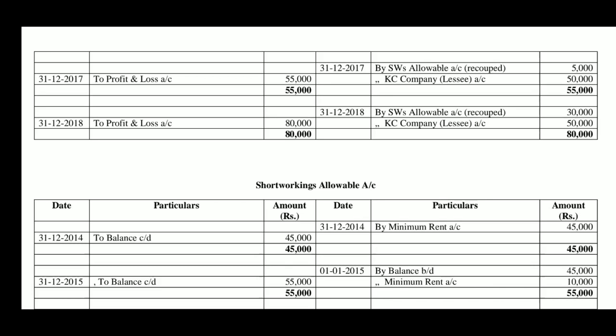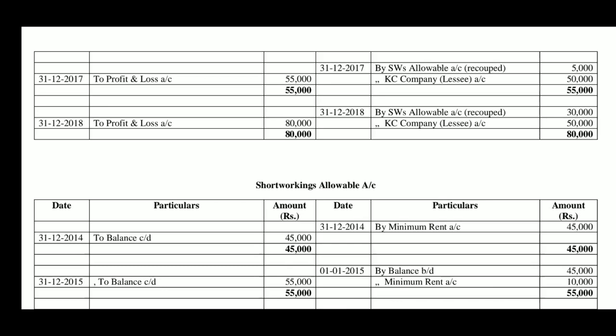So, royalty account is credited by short workings allowable account 5,000 with the amount of recoupment, and by KC company, that is lessee's account, balance royalty 50,000. Finally, 55,000 actual royalty is transferred, royalty account debtor to profit and loss account.